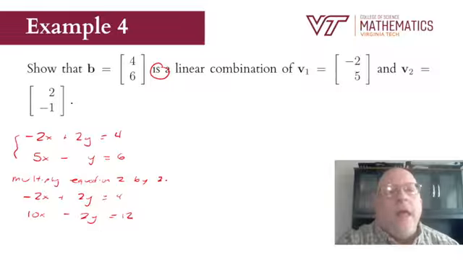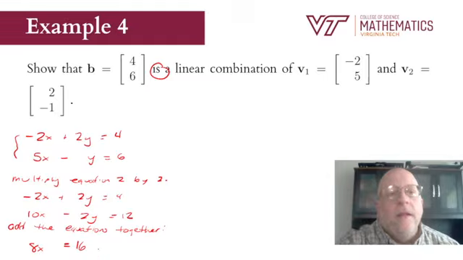Because now if I add these equations together, the 2y's cancel. So we get 8x is equal to 16. And therefore, x is equal to 2.